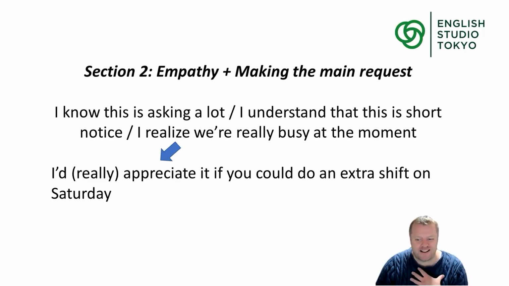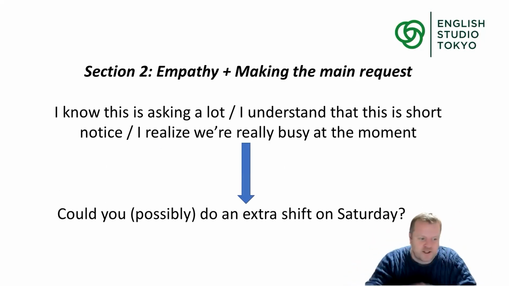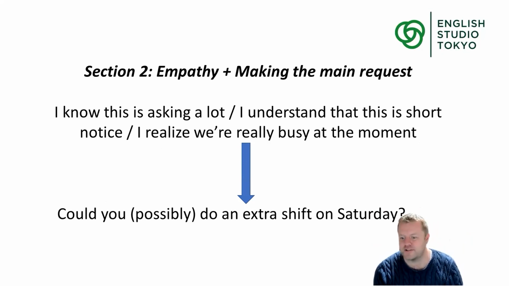Maybe we're worried. Maybe my developers are quite confident. They're quite strong. Maybe I'm not such a powerful boss. Maybe I want to take a middle position. That's okay. I know this is asking a lot, but could you possibly do an extra shift on Saturday? Or I realize we're busy at the moment, but could you do an extra shift on Saturday?